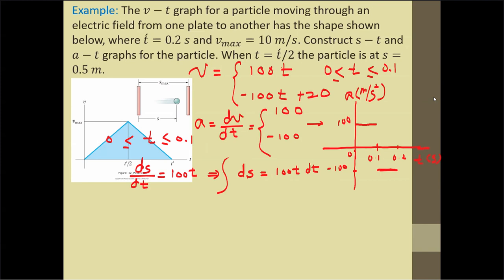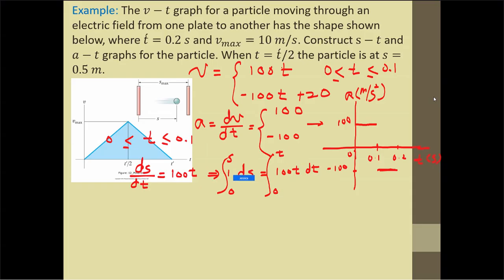S from 0 to S, time from 0 to any time t. Then 1 is recognized.